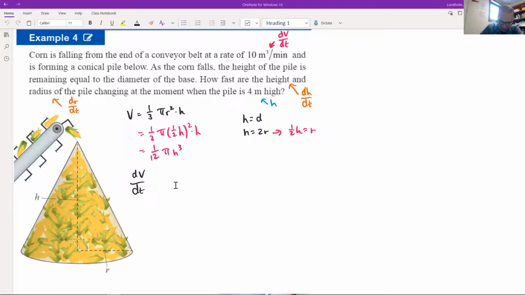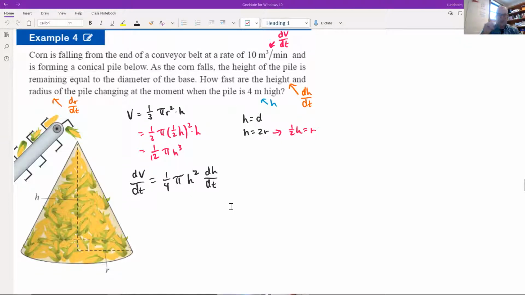So we get dV/dt is equal to, well, we'd be using the power rule on h. So that 1/12 is going to turn into 1/4 because we're multiplying it by 3. Pi just comes along for the ride, and we've got h squared dh/dt, because chain rule, we're treating h as a function of time.